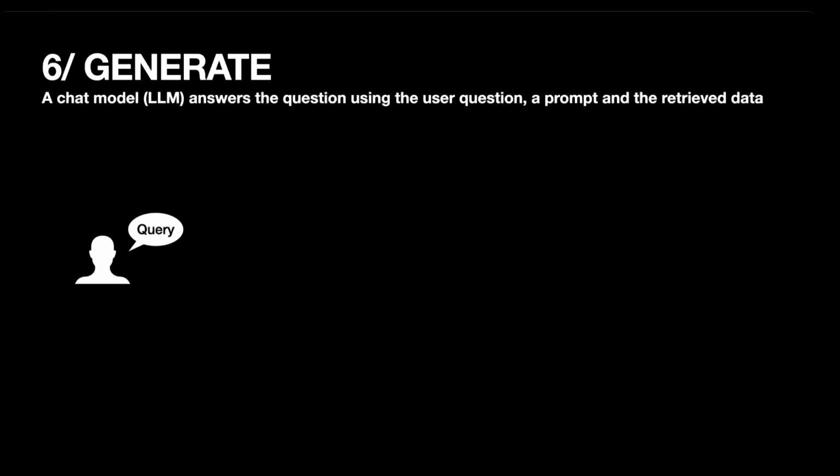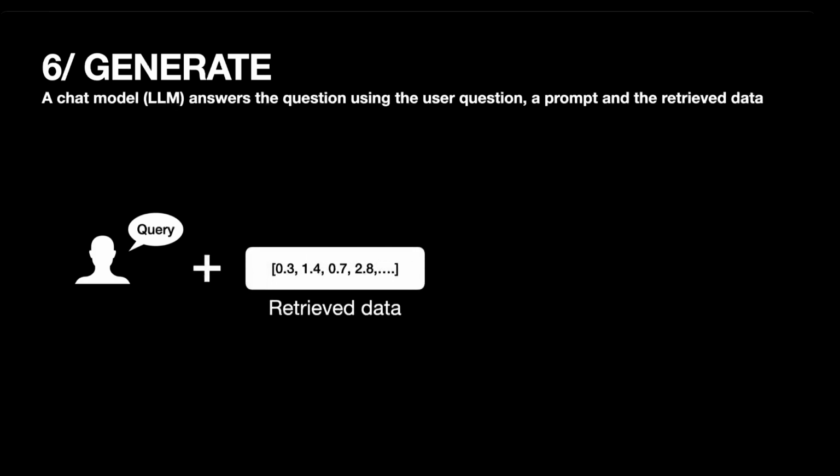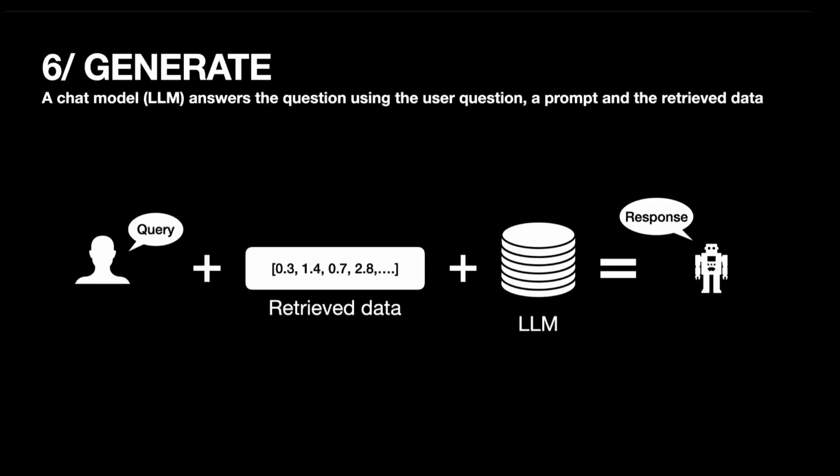So what this looks like is we have the user query, then we're going to take that, and also we've already used a retriever to retrieve the relevant data, and then we're going to use our LLM model, which is trained to respond with natural language, and we are going to respond back. So now we're going to hop in, finish up our code, and finish up our chat app that allows us to chat with our PDF document.